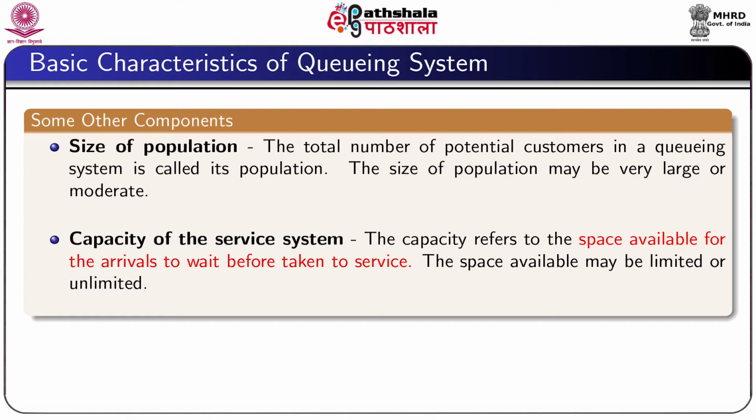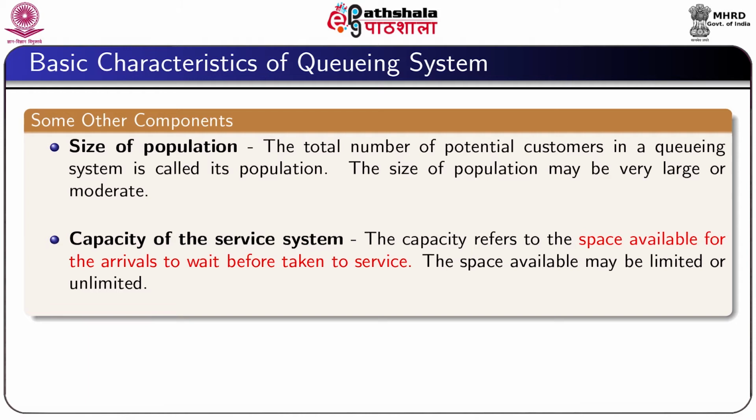Capacity of the service system. In queuing context, the capacity refers to the space available for arrivals to wait before being taken to service. The space available may be limited or unlimited.